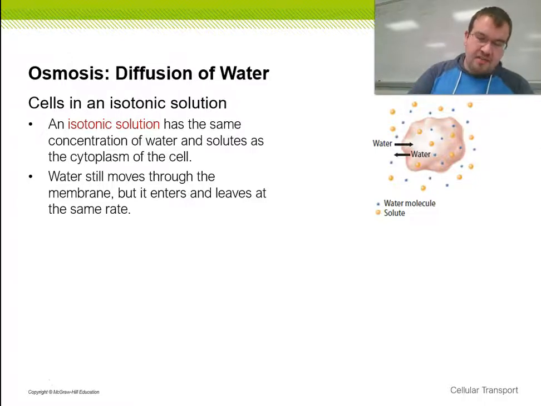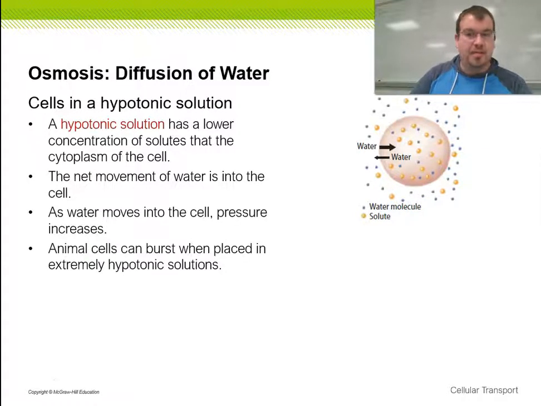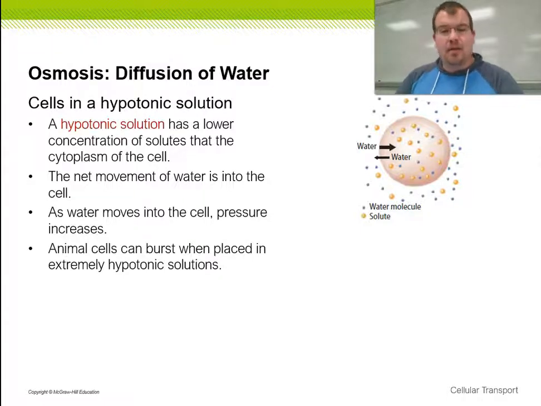Now, this is where the differences start coming into play, and this is where it can get bad. The first one is a hypotonic solution. These have a lower concentration of solutes than the cytoplasm of the cell. And this is where things can get bad, because the net movement of the water is into the cell.